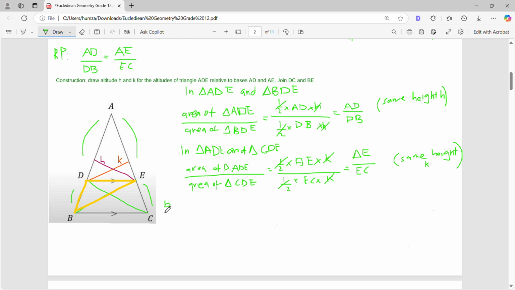So the area of triangle BDE is equal to the area of triangle CDE, and we are saying this because they are between the same parallel lines.